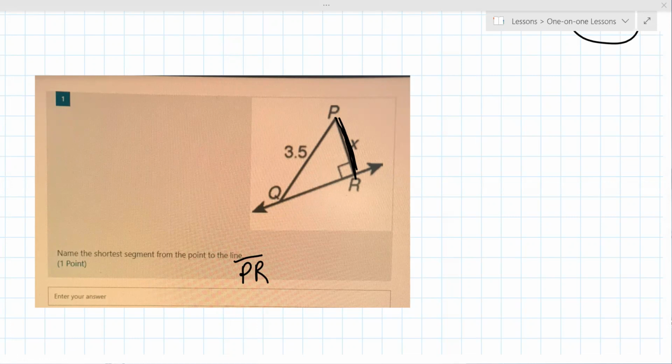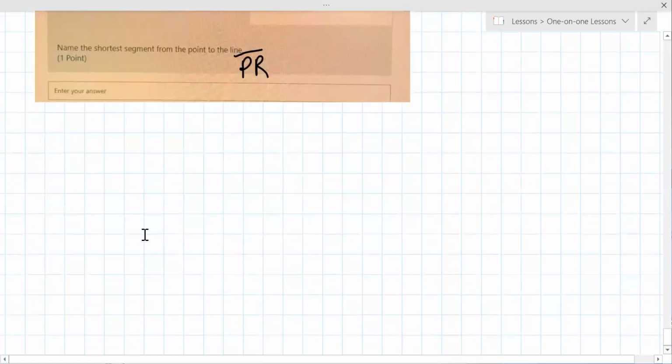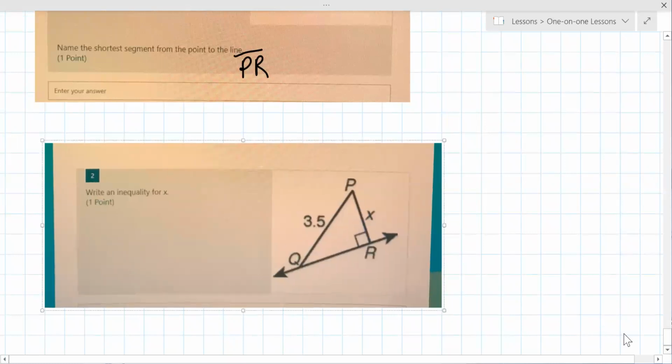Oh, that's way down the road. Okay, so there's 7, 8, 2. We're up to 2. Write an inequality for X. Is there anything else provided besides this, like the length of QR? No, this is all it says. Okay. Well, I don't think I can answer this for you.